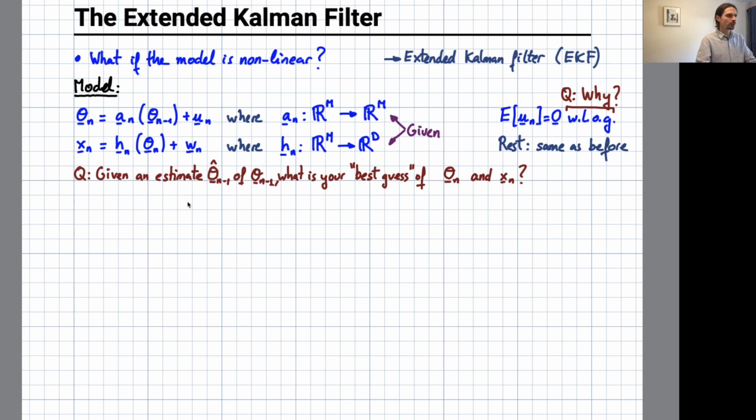Before we present the algorithm, let us try to use our intuition once more, which will help us decode the algorithm much better. Suppose that we are given an estimate of the previous state, and we need to provide our best guess of the current state and the current observation.